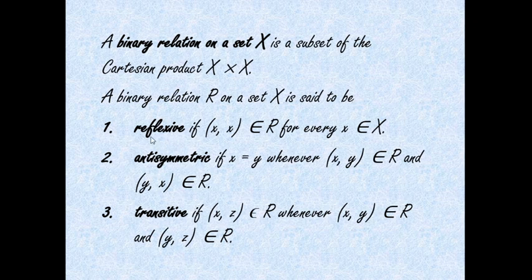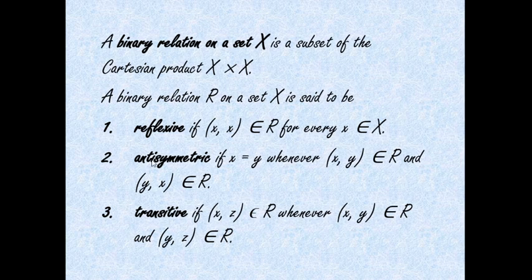The first term says the binary relation R is reflexive if the ordered pair (x, x) belongs to capital R for every x belonging to X.